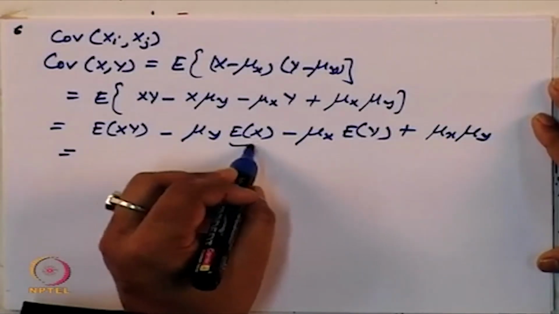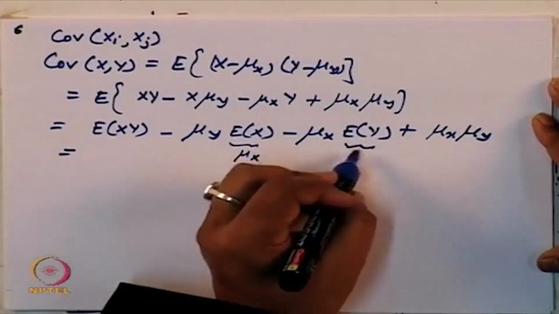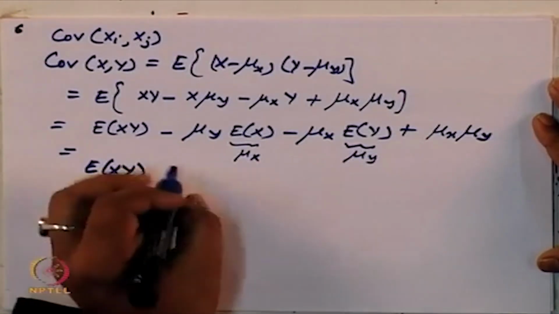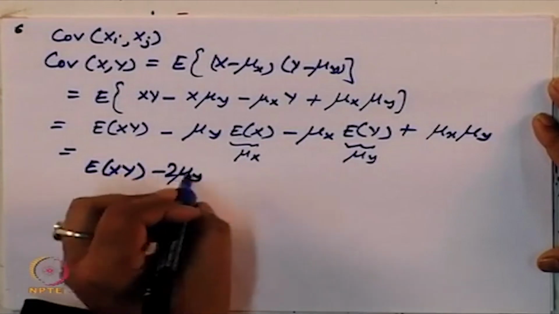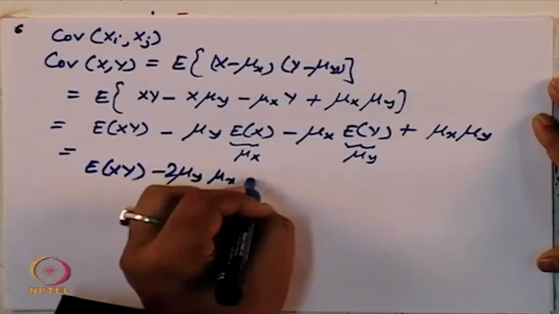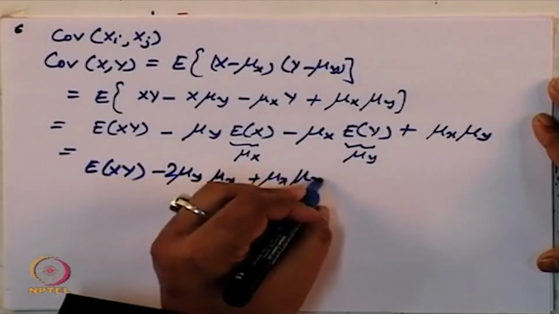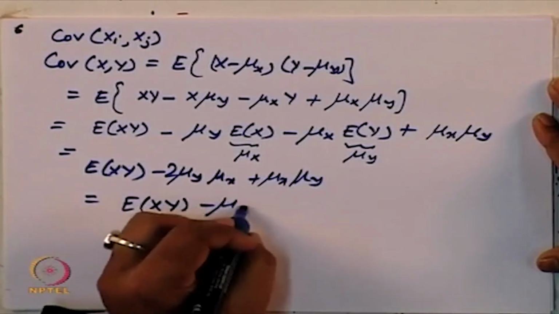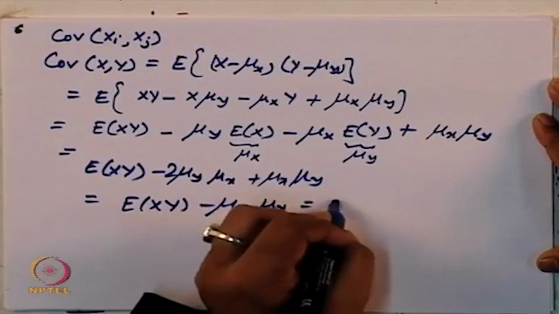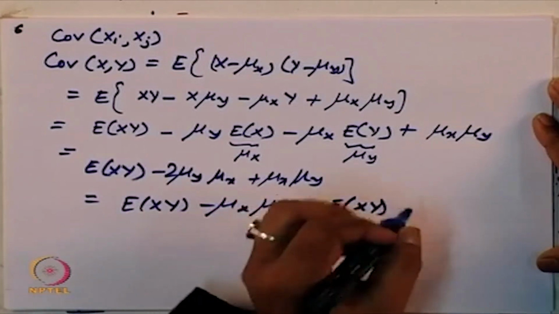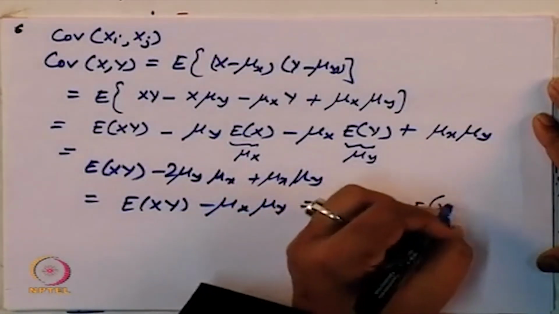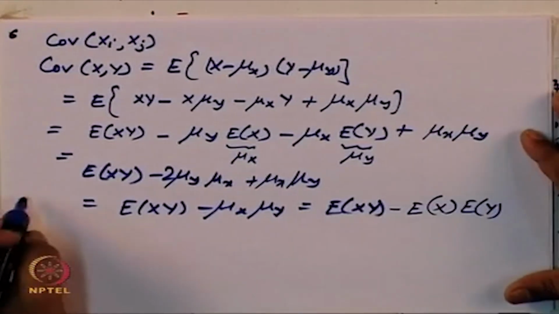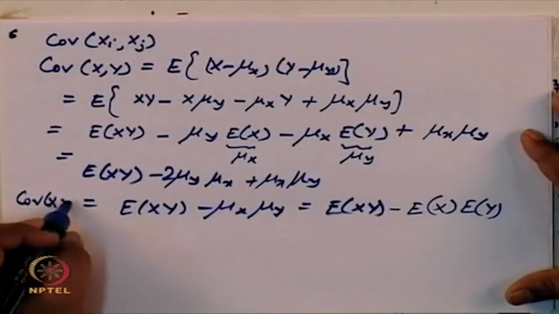E of x is mu x and E of y is mu y. So, this becomes E of xy minus 2 mu y mu x plus mu x mu y. Finally, you can write it as E of xy minus mu x into mu y, equal to E of xy minus Ex into E of y. So, this is your definition of covariance of x comma y.